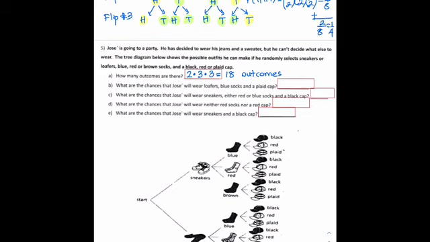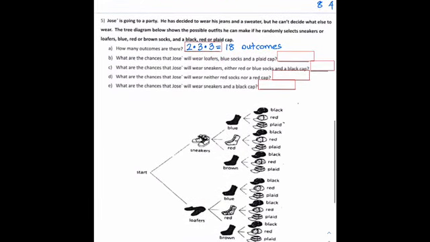Okay? So what are the chances that Jose will wear loafers, blue socks, and a plaid cap? I'm going to put some numbers here to make the mathematical calculations a little bit easier. So at the start, he has 2 options, sneakers or loafers.